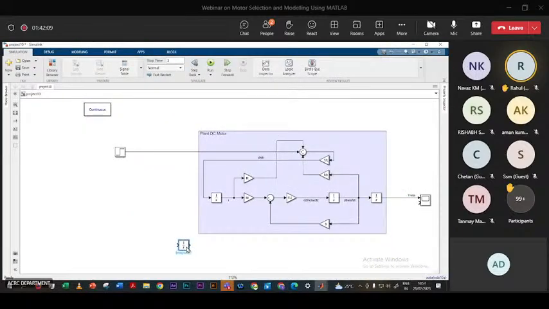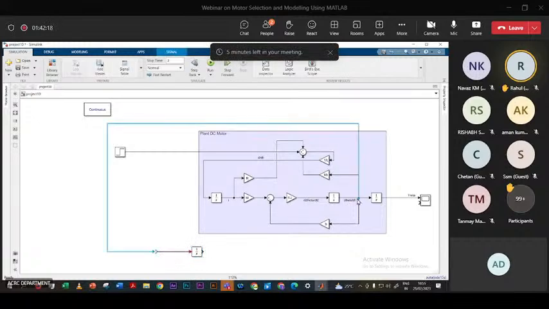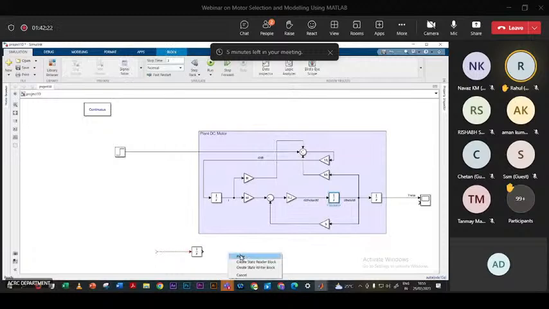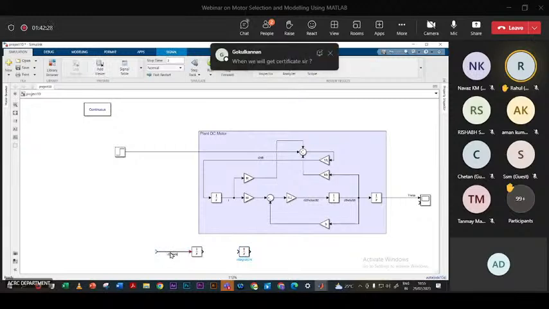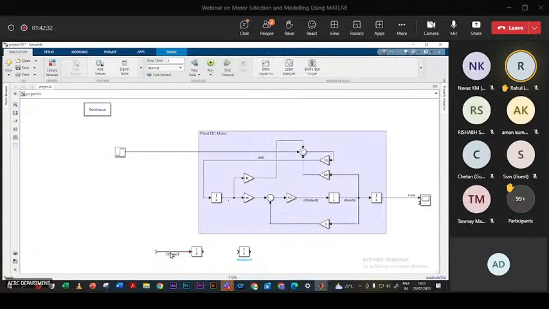So I have taken an integrator here, and I again use an integrator. I named this line d²theta by dt².